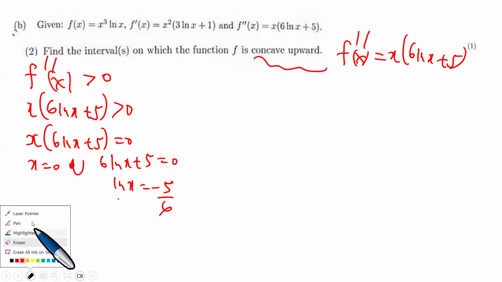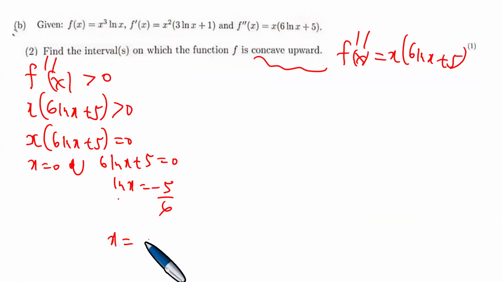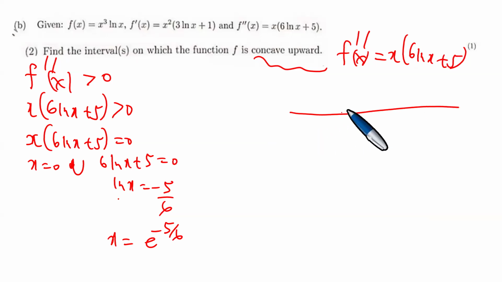Therefore x is e to the power minus 5 out of 6. So in the end we have 0 and e to the power minus 5 out of 6.